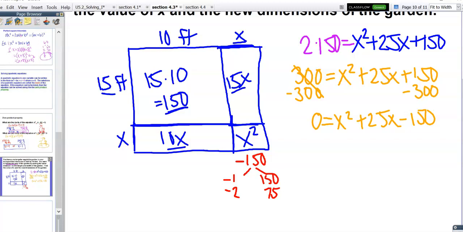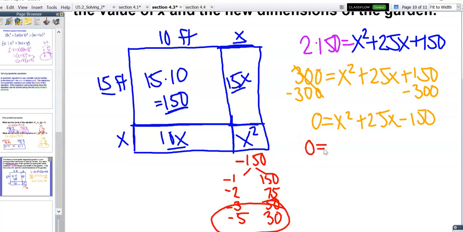Negative 3 and 50. Nope, still not quite there. 4 doesn't work. Negative 5 and 30. Negative 5 plus 30 makes 25. So here's the pair we want.